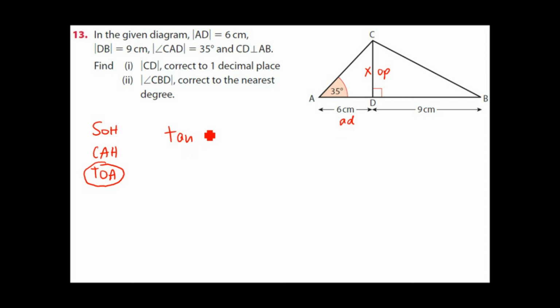My statement will be tan of 35 degrees is opposite, which is X, over adjacent, which is 6. Therefore X must be equal to 6 tan 35, multiplying both sides by 6. And type this into the calculator. And it says to one decimal place it will be 4.2, and I see it's in centimeters, so we could write centimeters there.